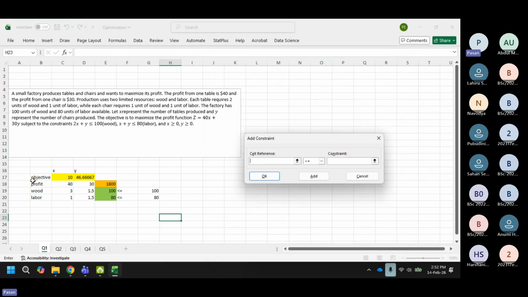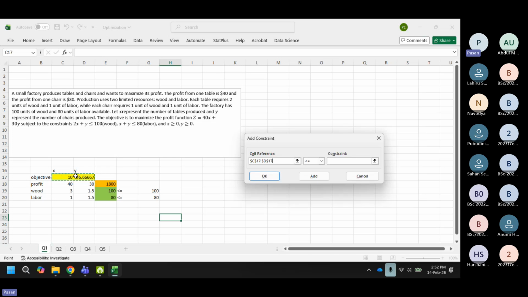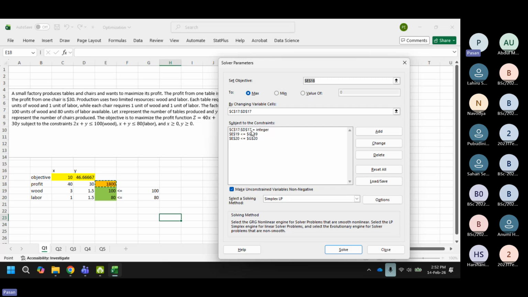I can select my two objective values and say that they are integers. So that's an additional constraint I am putting, saying that they are integers. And then I can solve it.